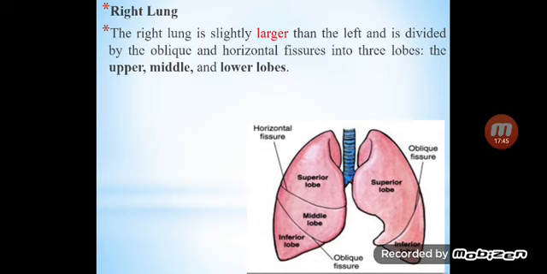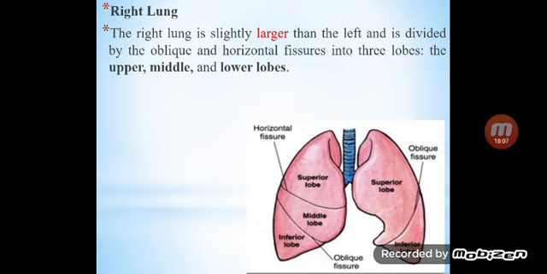The anterior border of the lung is thin and overlaps the heart. On the left side, there is a cardiac notch. The posterior border is thick and lies beside the vertebral column posteriorly.